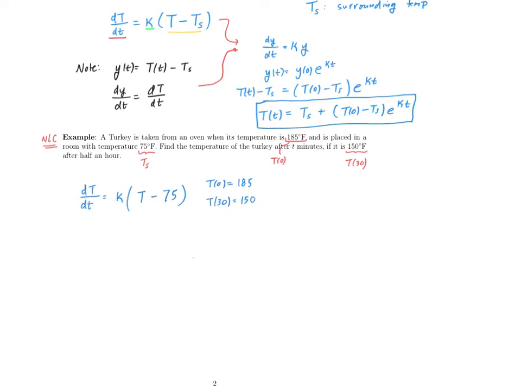And I'll note we really need both of these pieces of information. One of them is going to be directly involved in the solution. The other is going to be necessary to solve for this constant of proportionality k. And I would now like you to pause the video, give yourself maybe 5 to 7 minutes, and solve for T, the temperature of the turkey after t minutes.